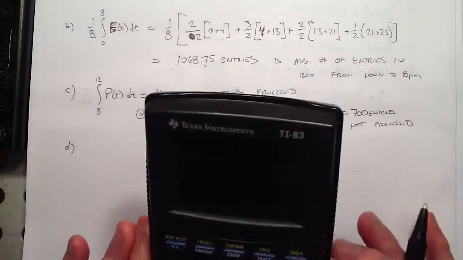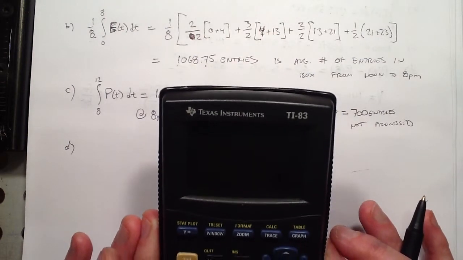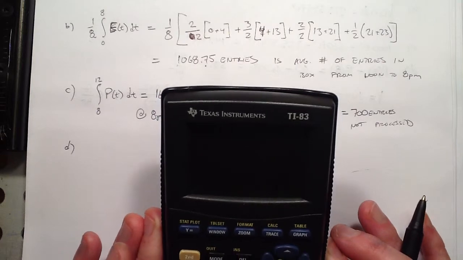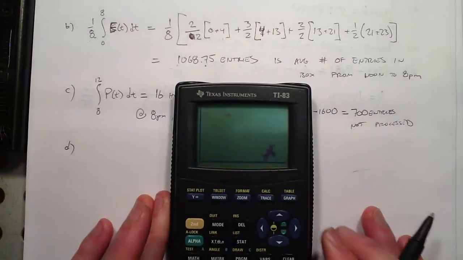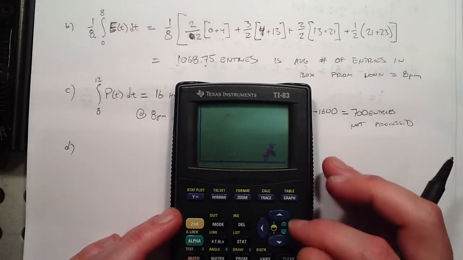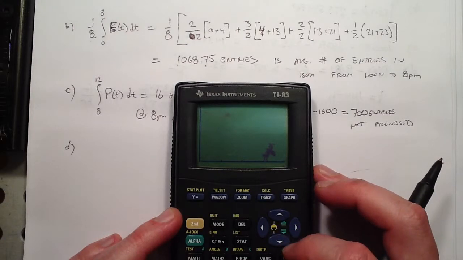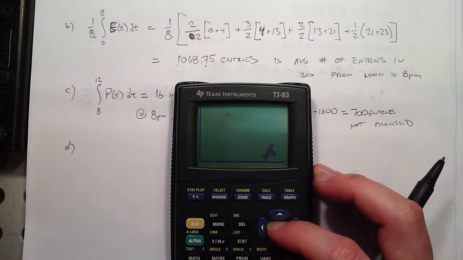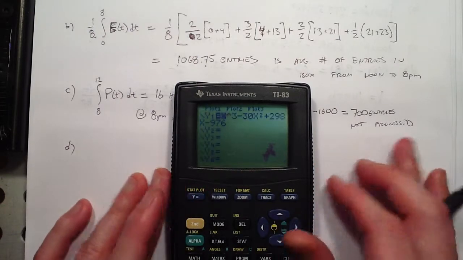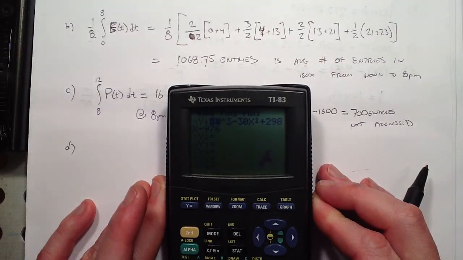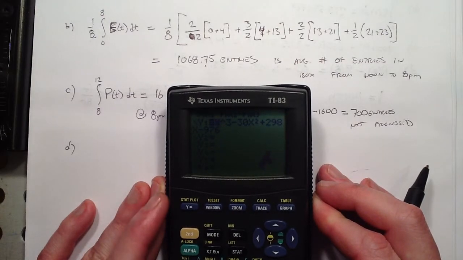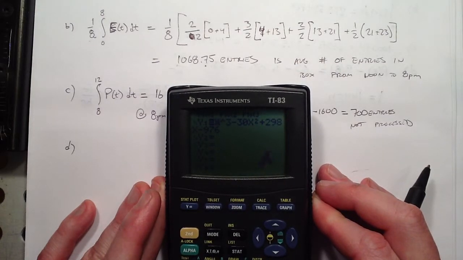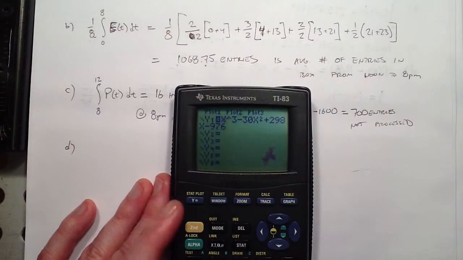And it looks like I couldn't have set it too impossibly high, I wouldn't think. Let me look at that again. X cubed minus 30x squared plus 298x minus 976. So let's try that again.